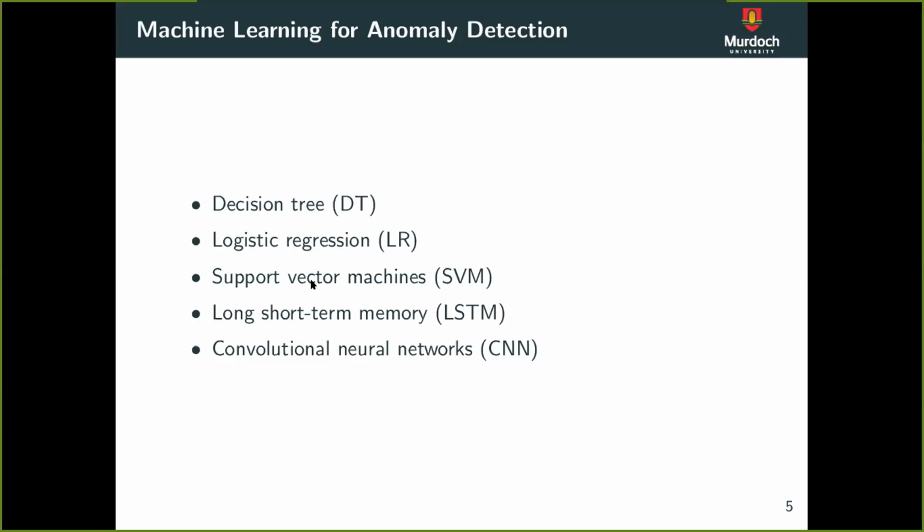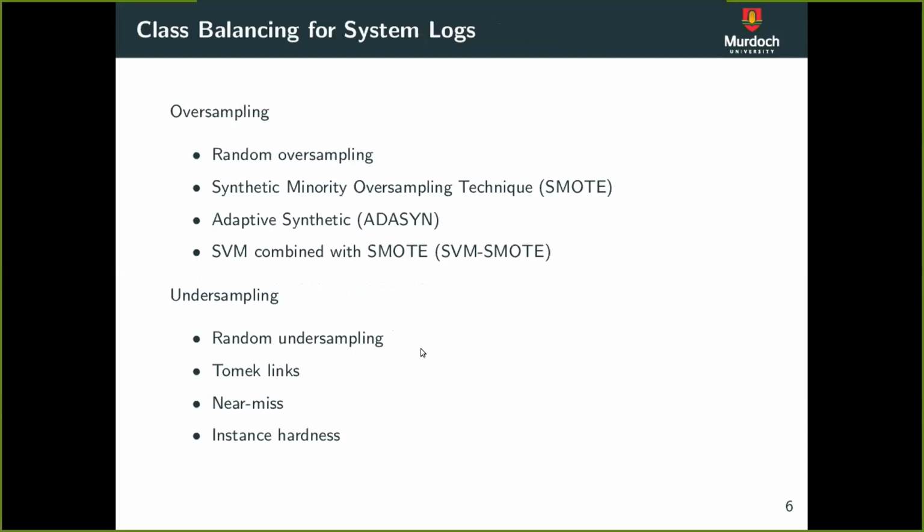The first three are traditional machine learning methods, and then we use more recent deep learning techniques: long short-term memory and convolutional neural networks. And then we also consider class balancing techniques.